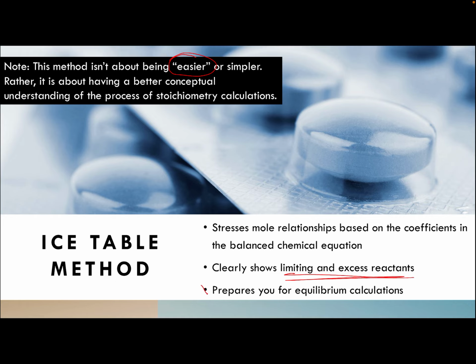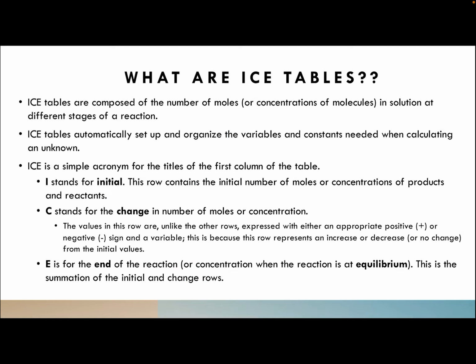But the most important thing here is that it's going to prepare you for the equilibrium calculations that we're doing very soon. Okay. So what are ice tables? Ice tables are going to be composed of the number of moles, right? In this stuff that we're doing right now, the molarity of leftover ions and stoichiometry, we're going to use the number of moles.